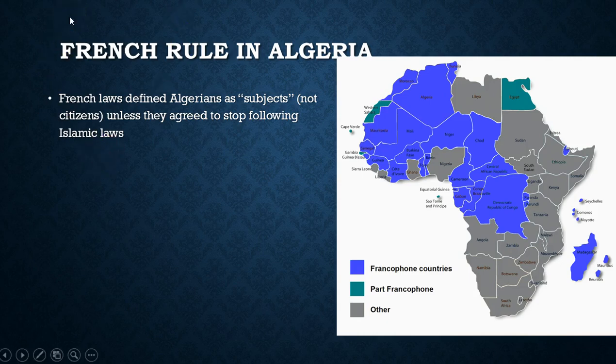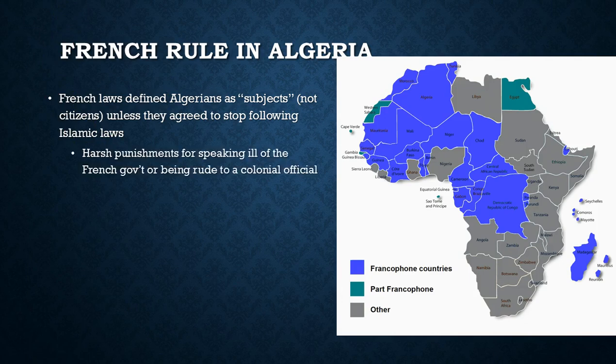If they stopped following those laws, they would basically be giving up their identity. So many people ended up not being defined as citizens. Only about 1%, if that, agreed to stop following these laws and become citizens of France.